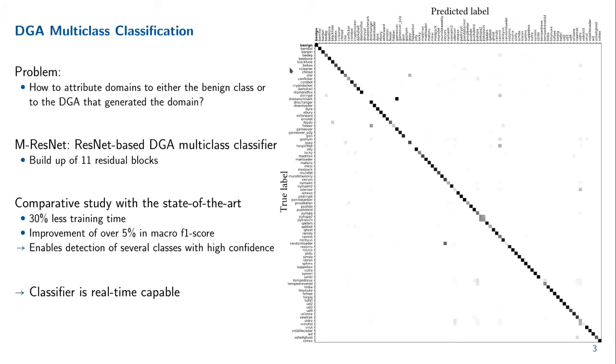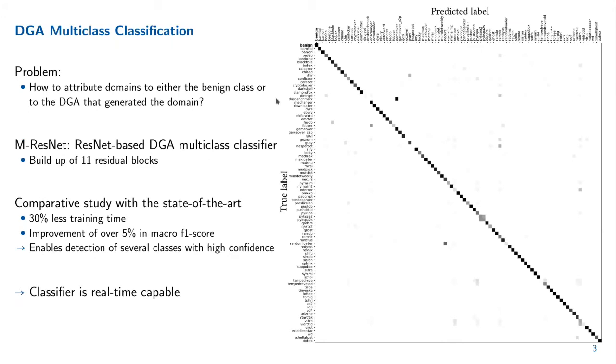We then continued with the DGA multiclass classification problem, which tries to attribute the domain names to either the benign class, which is located here at the top corner, or to the actual DGA that generated a specific domain name. And here we also proposed a residual neural network classifier, but this time the classifier is more complex. It is built up of 11 residual blocks.